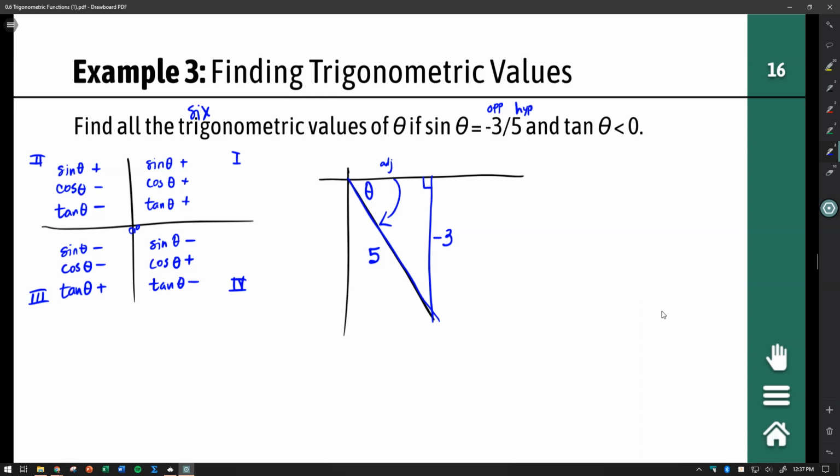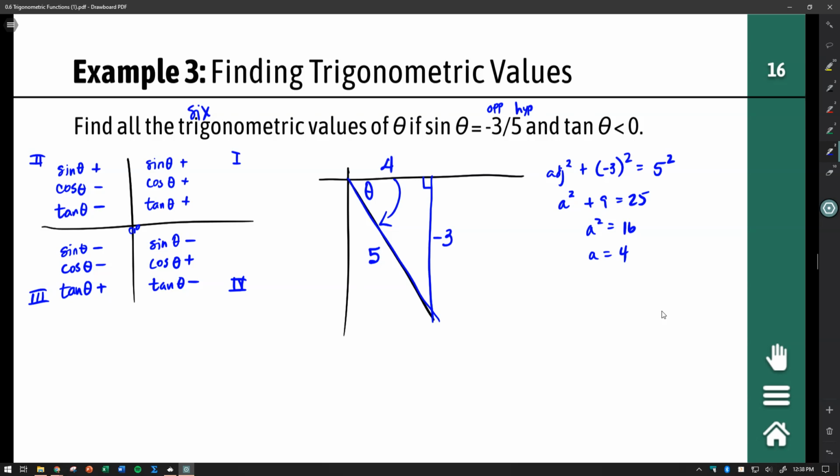And we can do that with the Pythagorean theorem, which would tell us that adjacent side squared plus -3 squared equals 5 squared. So that would be this unknown squared plus 9 is 25. And then that would tell us that the unknown squared is 16, and that unknown must be 4. And in the fourth quadrant, the cosines, yep, those are positive. So I can just call that 4. Okay, so if that's 4, I have all three sides of this triangle.